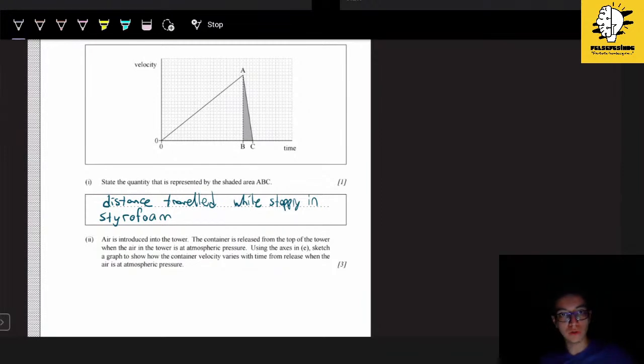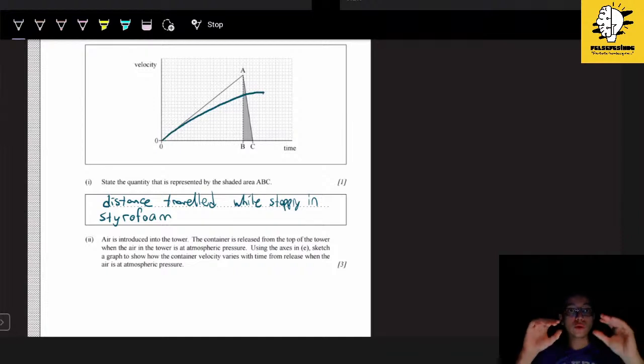So due to terminal velocity, we will have a decreasing gradient by time, and since the distance has to remain the same, the area under our graph has to be the same. So we will say that it will have a decreasing gradient, yet have a longer line. So something like this.